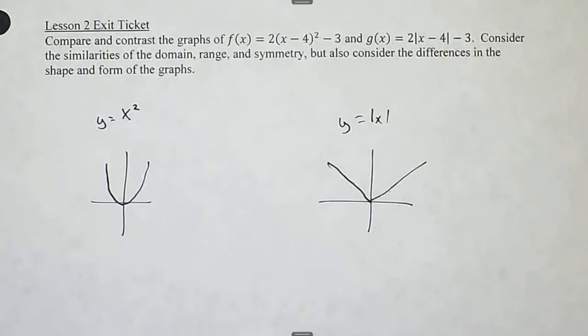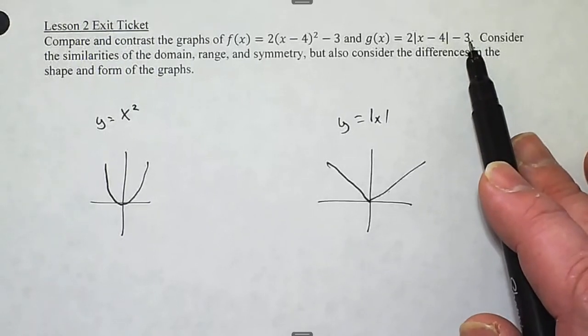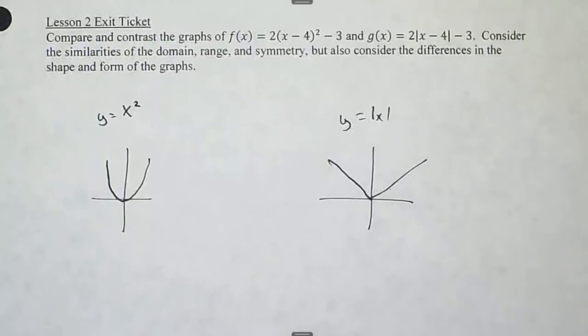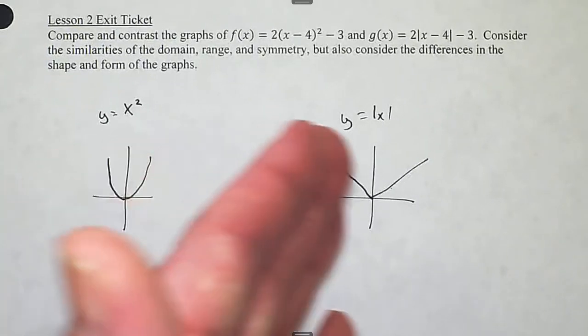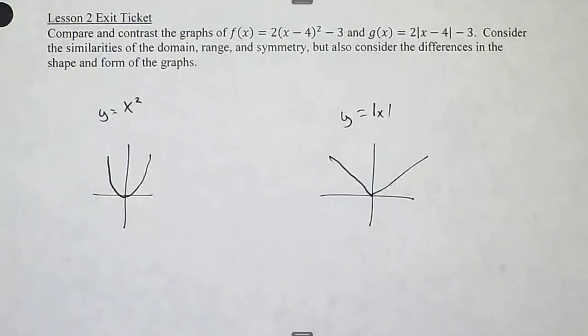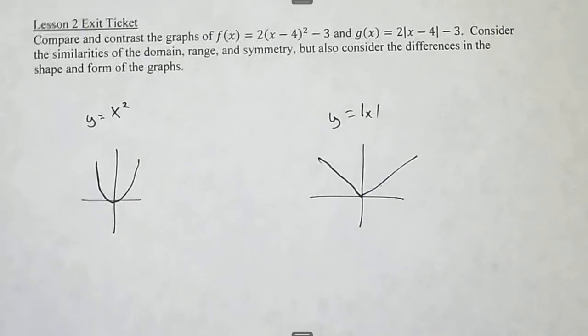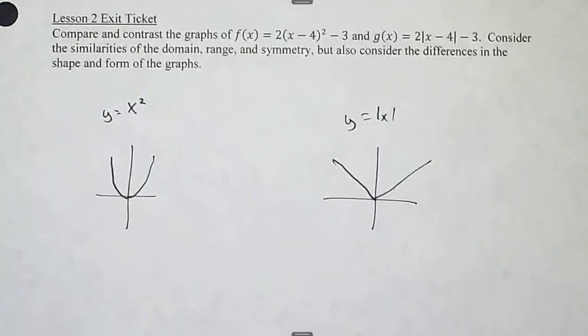They'll have the same range of all y's greater than or equal to 3. They've all been stretched by 2. They've all been shifted to the right 4. The only difference is the parent function that we use to have those points that move left and right. So knowing our transformations allows us to have all this knowledge readily available.